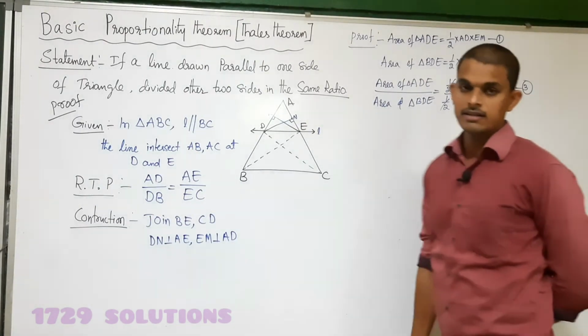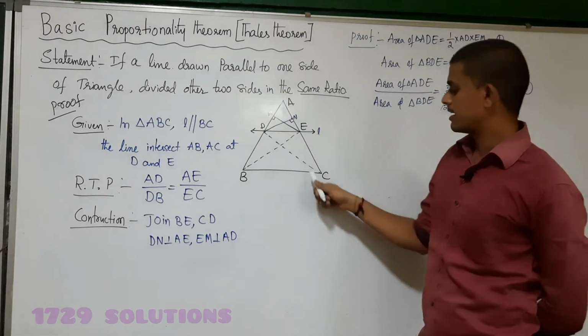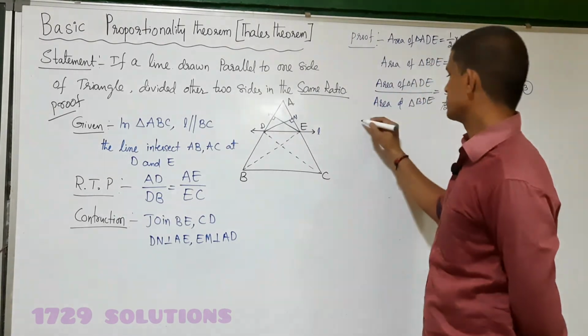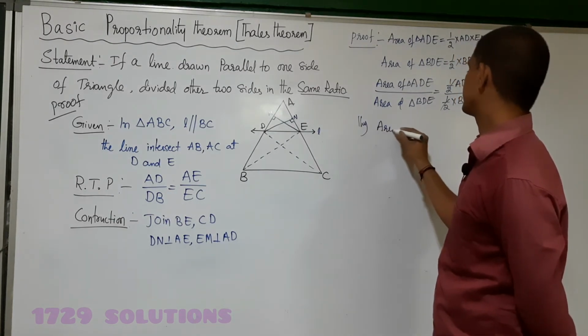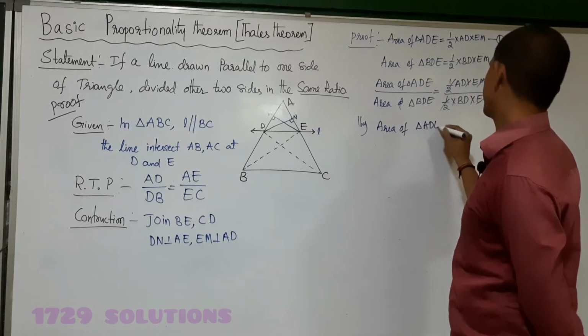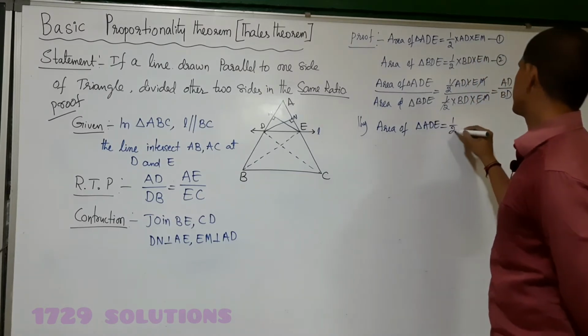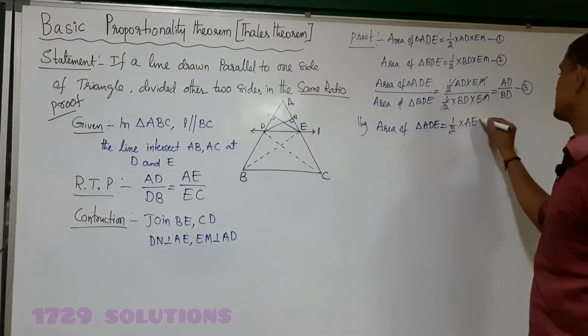In the same manner, you need to go to the area of triangle ADE again and the area of triangle CDE. The area of triangle ADE is half into, this time the base will change to AE.